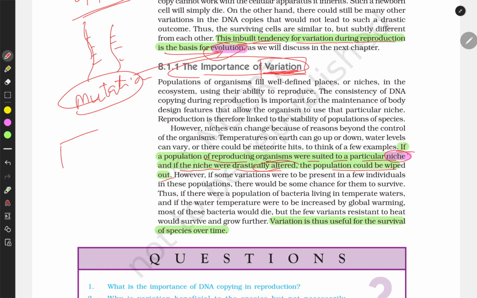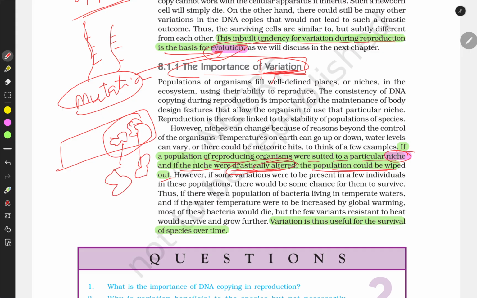Suppose in a particular environment or ecosystem, a certain type of organism is there which has a similar structure, then any drastic alteration in the environment can wipe out the whole population. Suppose due to mutation there are some other kinds of different organisms, and during some alteration it is possible that some of these organisms can remain in the environment, and they can further reproduce their offspring.